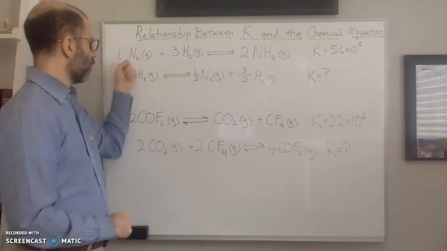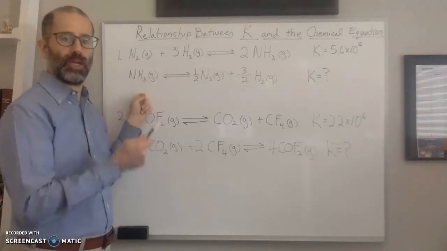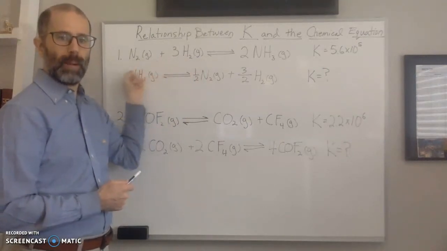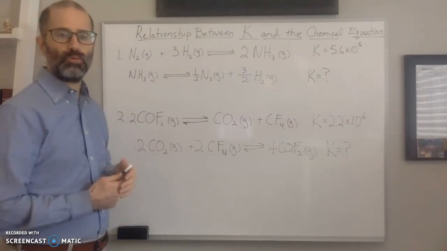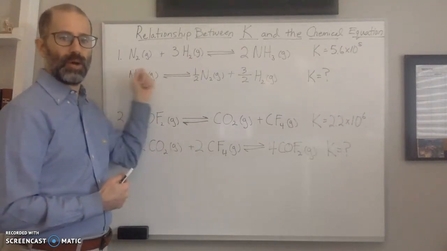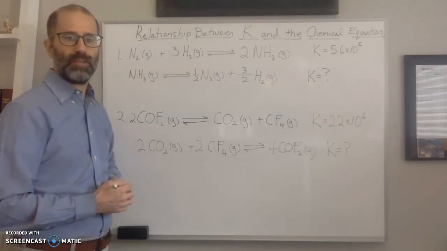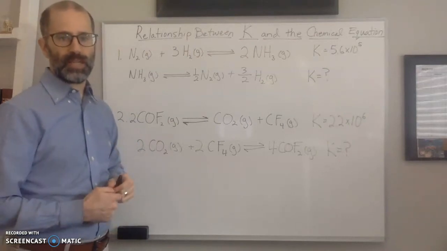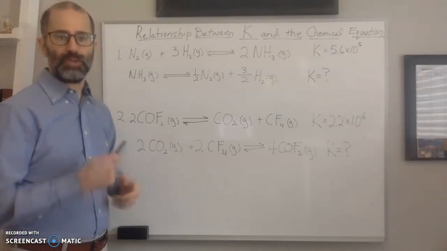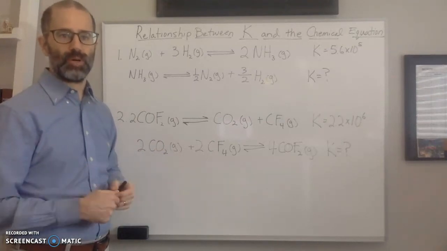So to get this equation from the given one, not only do I need to flip it, but I'm going to multiply it by a half. And remember, the rule is if I multiply the equation by a half, then I have to raise the resulting equilibrium constant to the power of a half, which is the same as taking the square root.